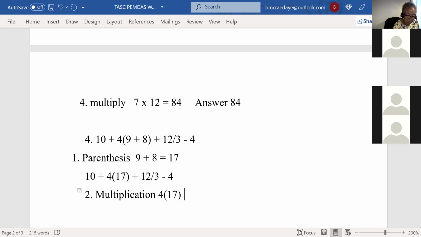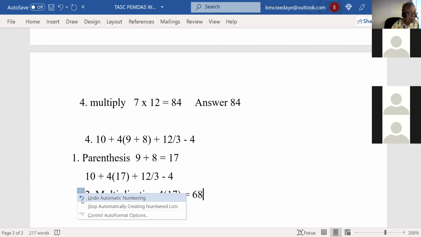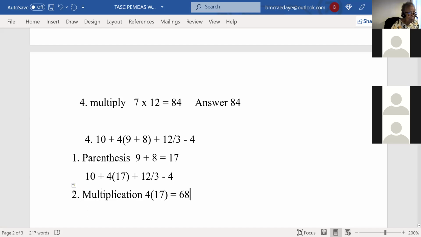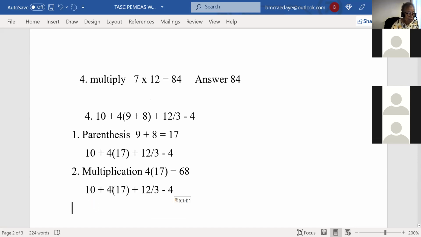And that's equal to what, Maureen? 68, right? Yeah. That's 68. Now, let's replace that multiplication by the product. Okay. And we'll just copy this over and put our 68 in. Now, let's replace the 4 times 17 by 68.